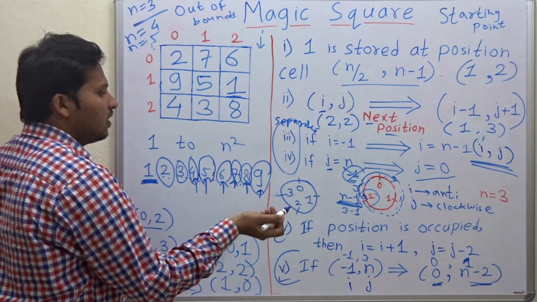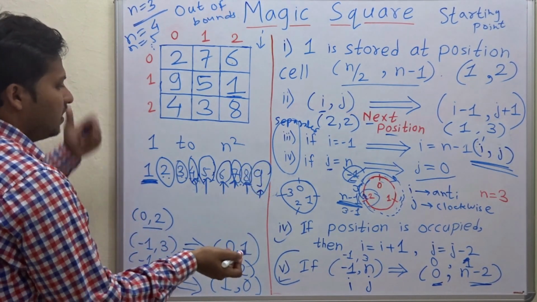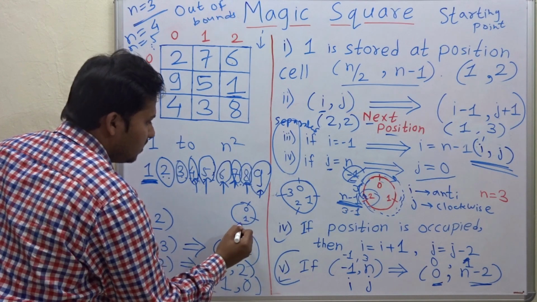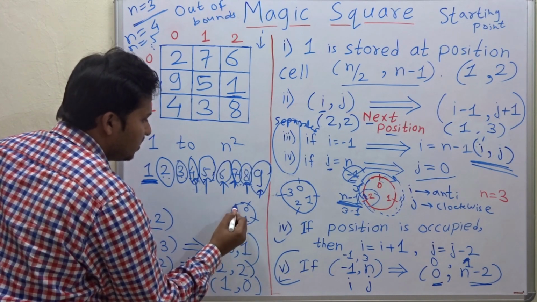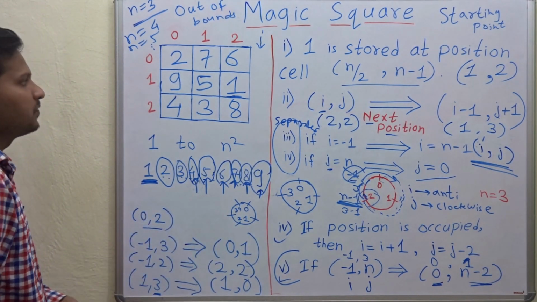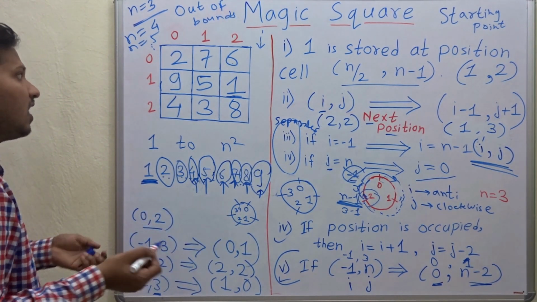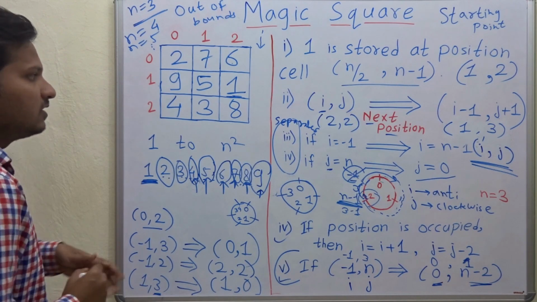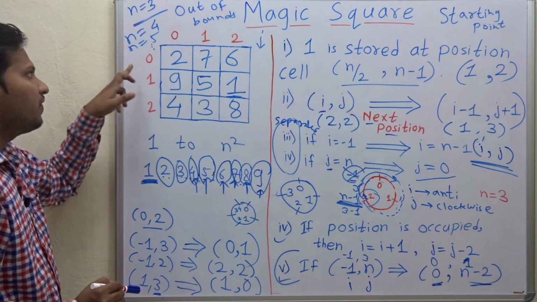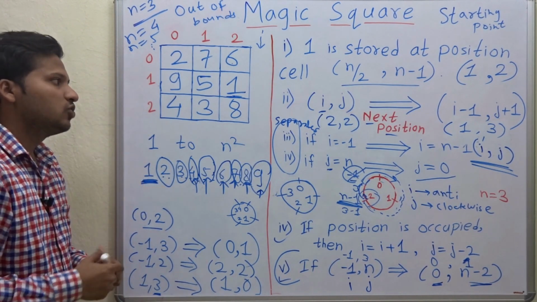If n is equal to 5, then the circle will be, see, 0, 1, 2, 3 and 4. Okay. So this will be the circle. So this is how we create magic square. So please practice creating this magic square for n is equal to 4, 5, 6, 7, so that you can perfectly understand this concept.